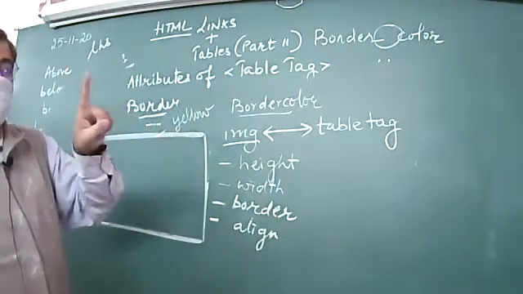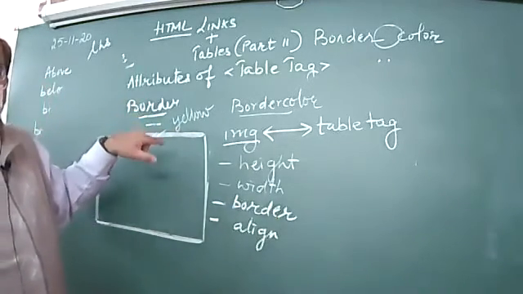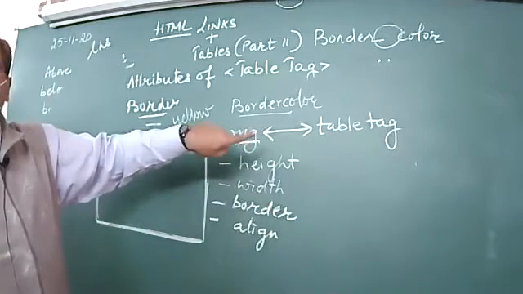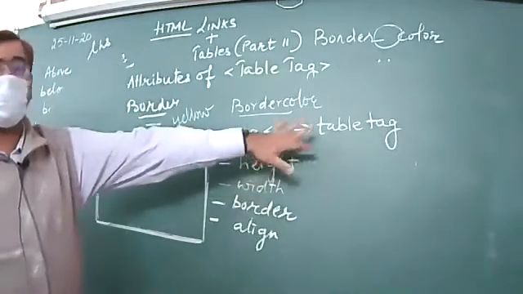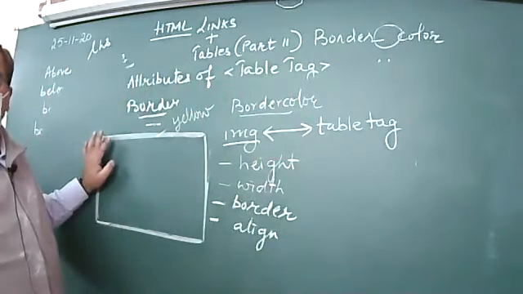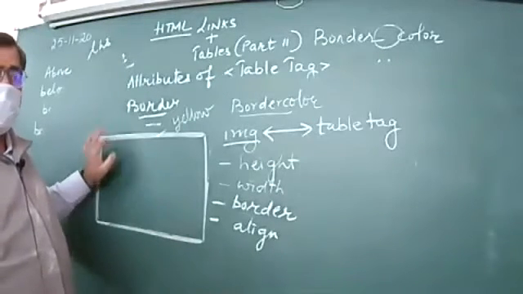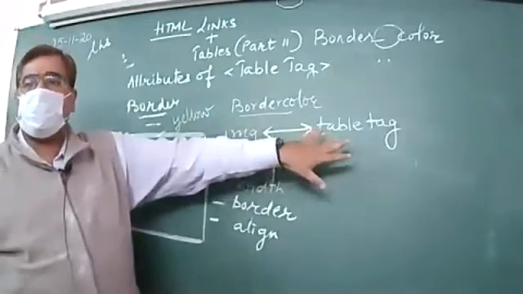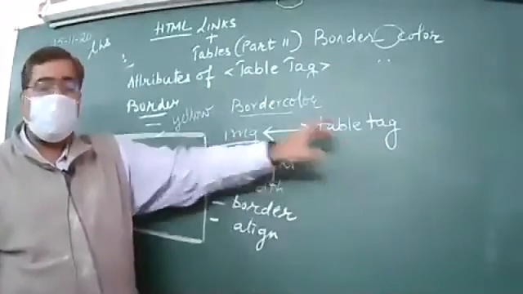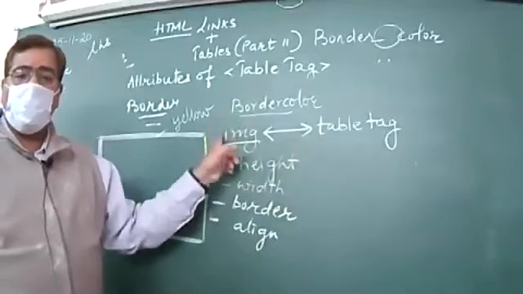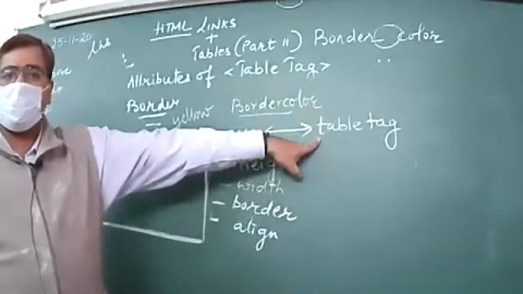Border color is not an attribute of image tag. Border color attribute is only and only exclusively available in table tag. Am I clear? It is exclusively available in table tag. But these are the four attributes which are common in image and table tag.